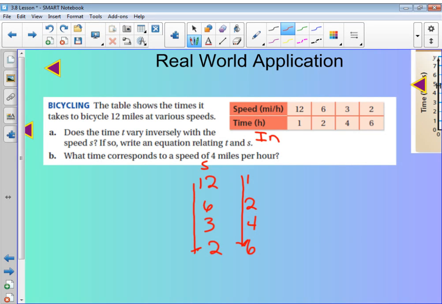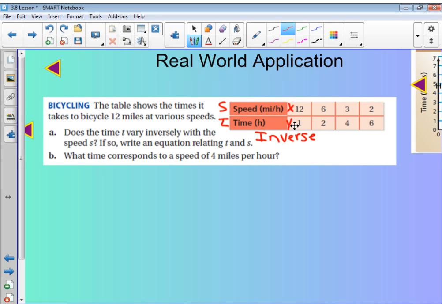They also would like us to write an equation that relates t to s. So we're going to plug in our information. This is our s and this is our t. We'll substitute in some numbers, our x's and our y's.